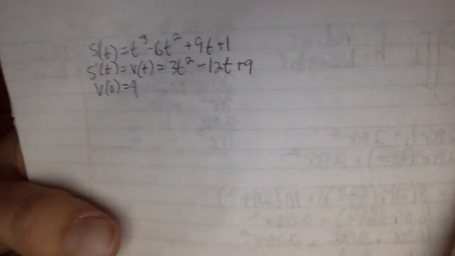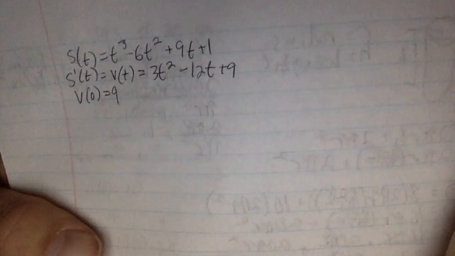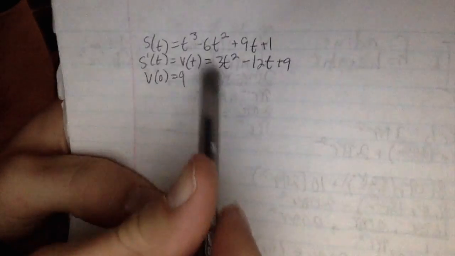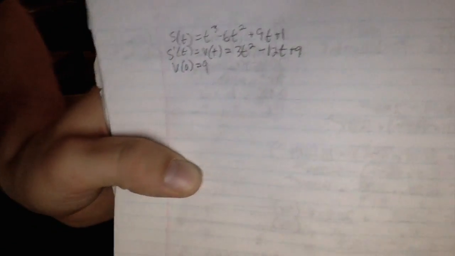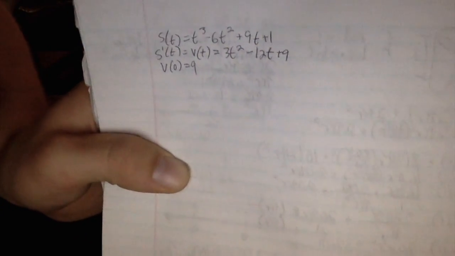Alright, now the next part is finding the initial velocity, which is when t equals 0. When t equals 0 in the velocity equation, the initial velocity is 9, because this becomes 0, this becomes 0, and it ends up being 0 minus 0 plus 9, which is 9.